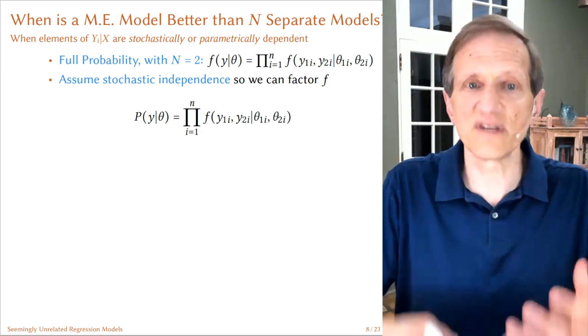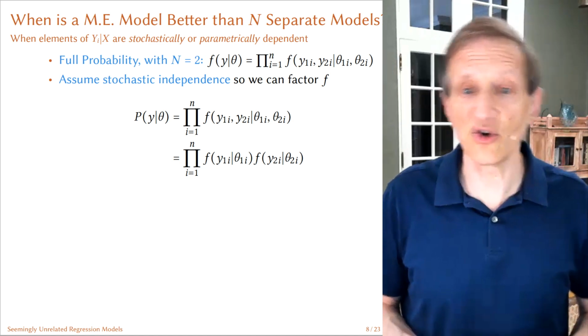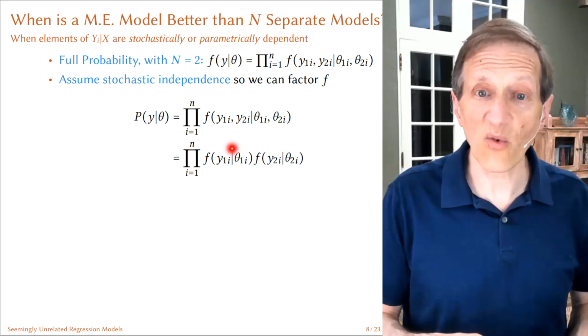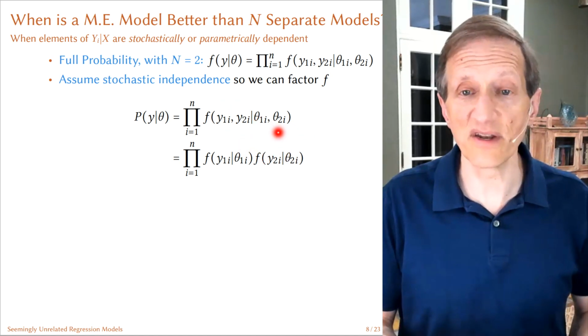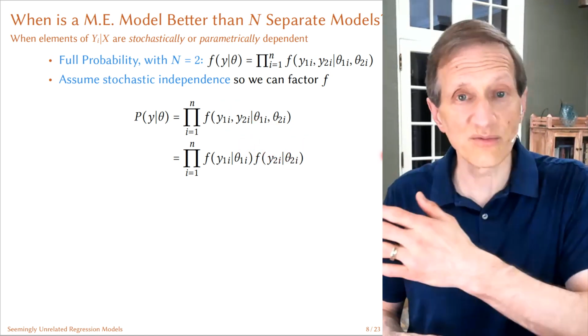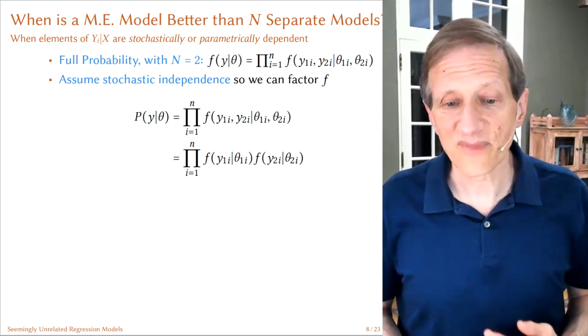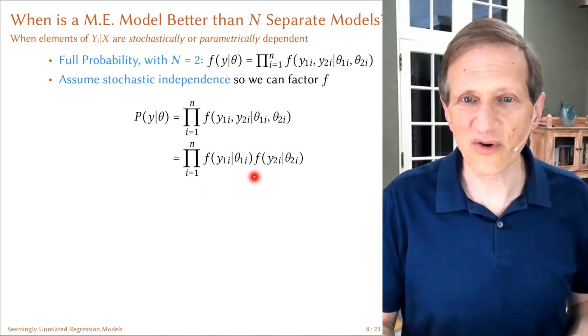Now, because of this assumption of stochastic independence, we can factor it into 2 parts. What enables us to factor it into 2 parts? Well, y1 and y2 are going to be independent given theta 1 and theta 2. Okay, I've assumed alpha away like we do in the stylized normal model. So now we have these 2 components here.